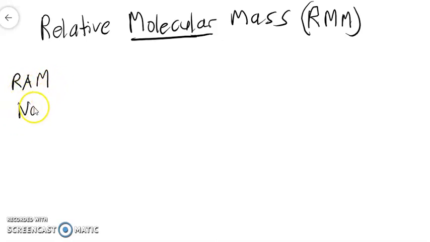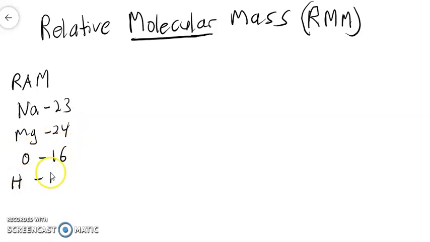Let's say Na is 23, magnesium is 24, oxygen is 16, hydrogen is 1, sulfur is 32, and nitrogen is 14.